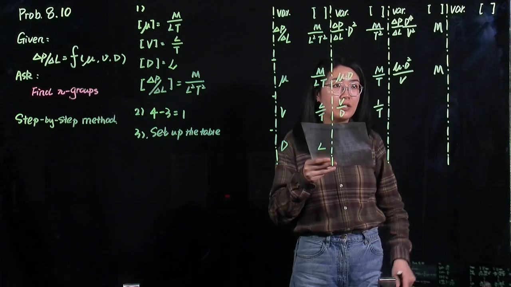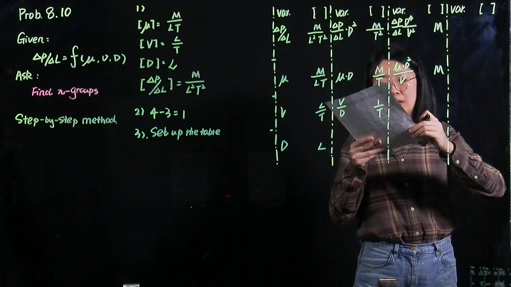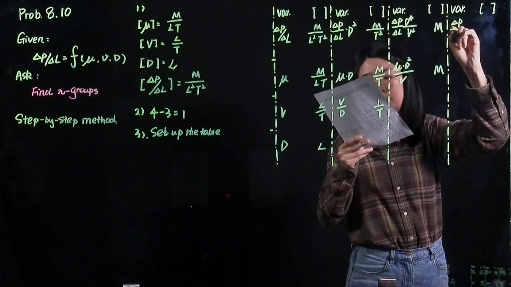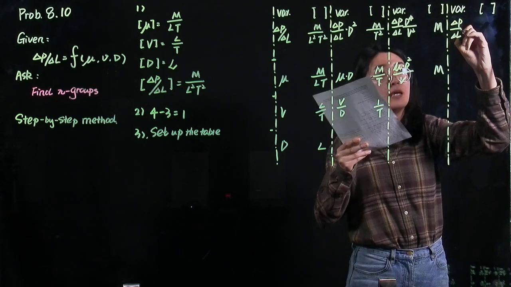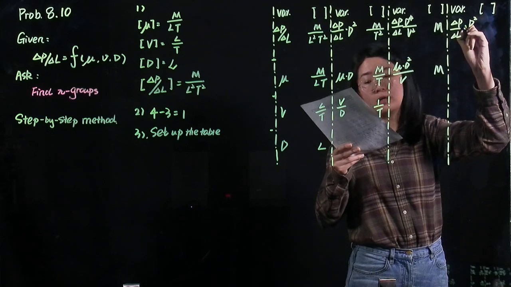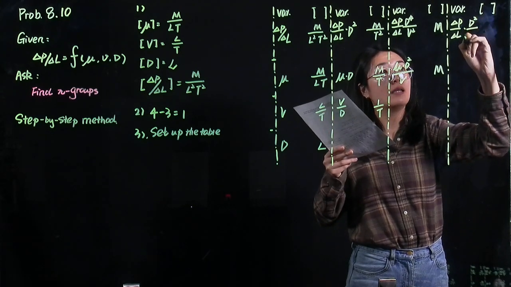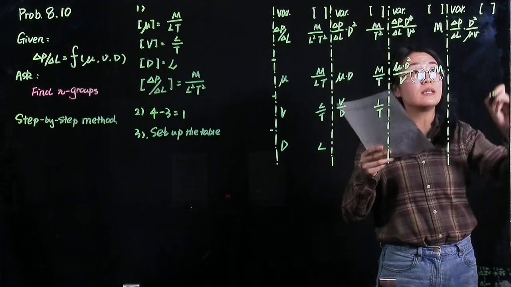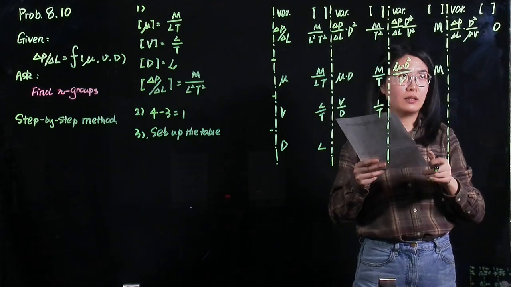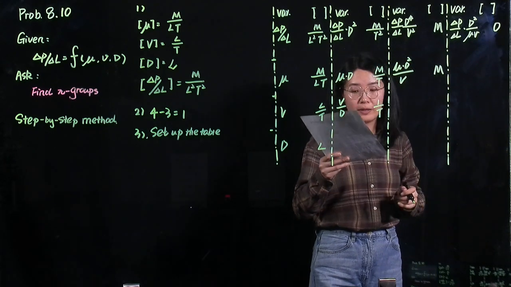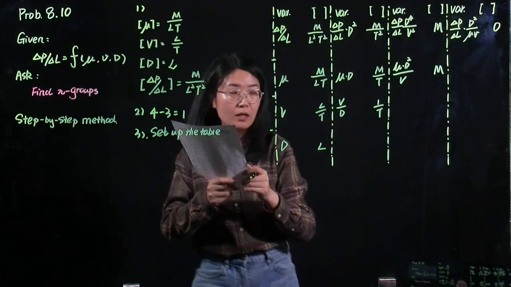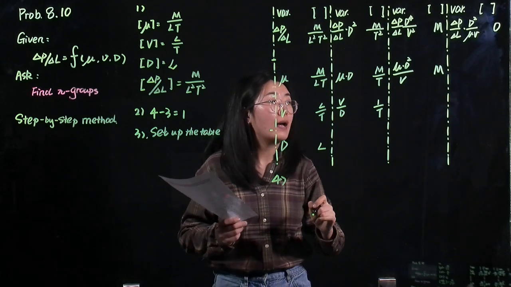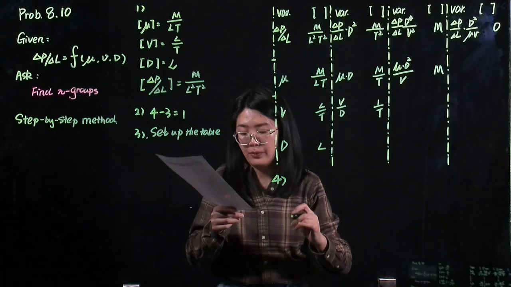And then we want to eliminate M. So for the first item, we got delta P over delta L times D to the power of 2 divided by mu times V here. And it's a dimensionless item. Okay, so finally, we will have one pi group, right?